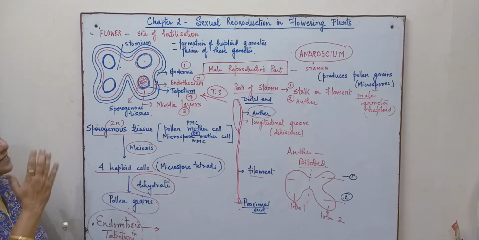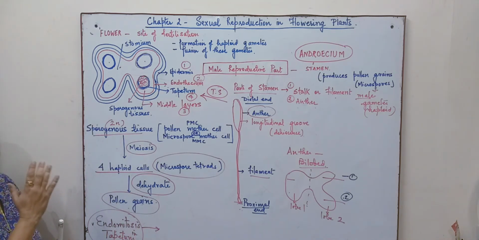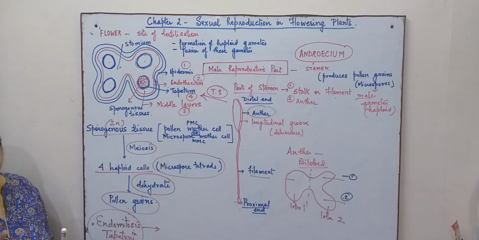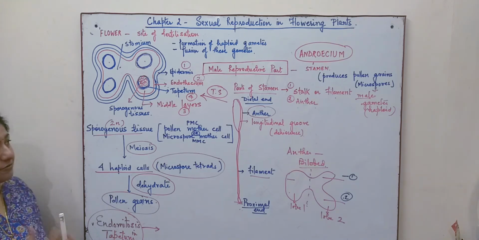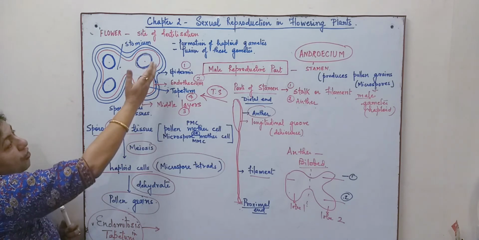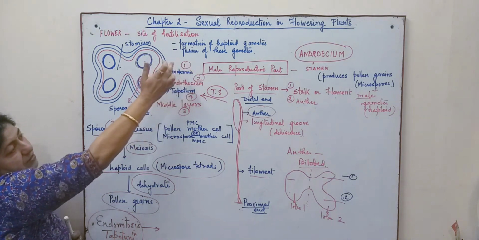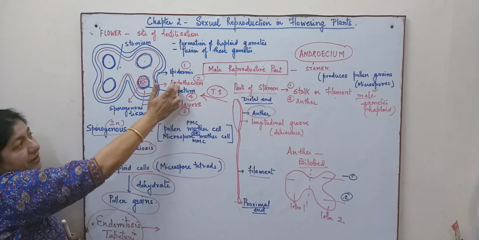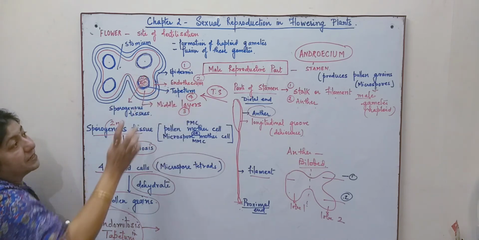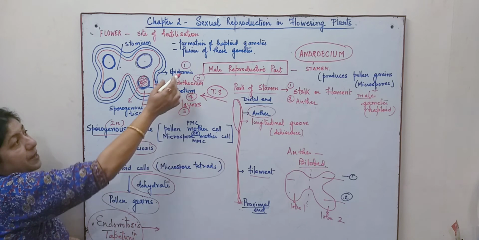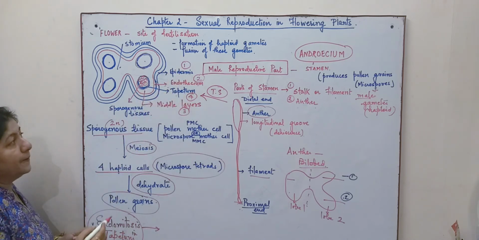So here is the structure of the microsporangium, and you can see that the structure consists of 4 layers, that is the epidermis, the endothecium, the middle layer, and the tapetum. Tapetum is the innermost layer, whereas epidermis is the outermost layer.